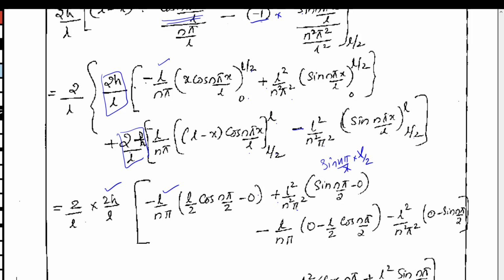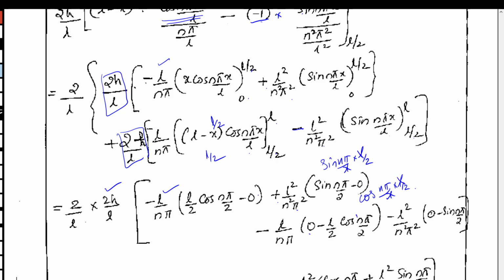Now the next term, minus L by n pi into, apply the upper limit, L minus L is going to be 0. Then apply the lower limit, L minus L by 2 is going to be L by 2, then minus L by 2 into cos n pi by L into L by 2.